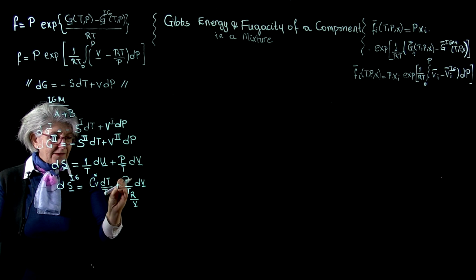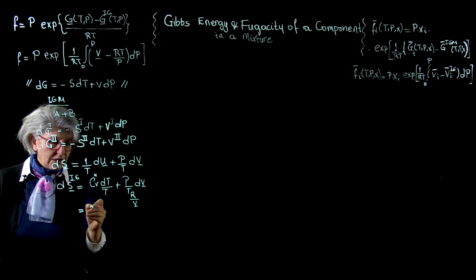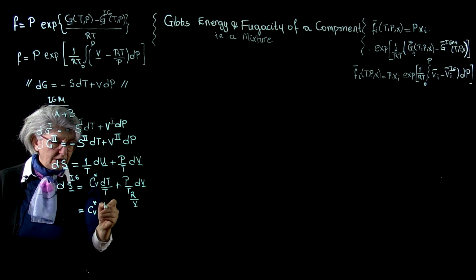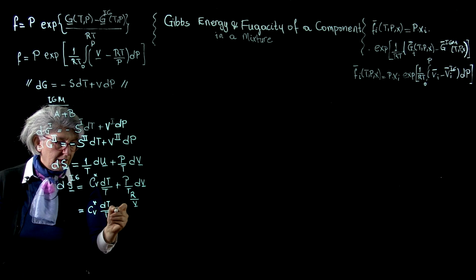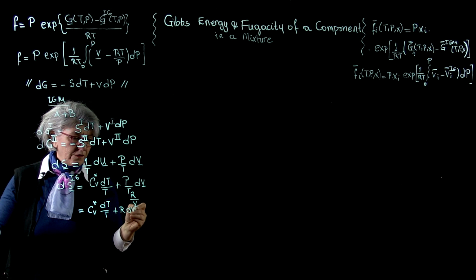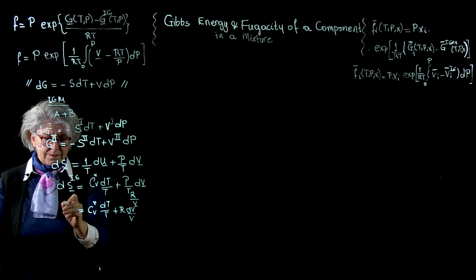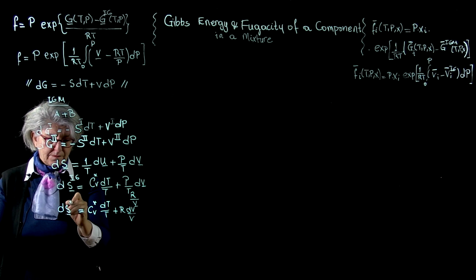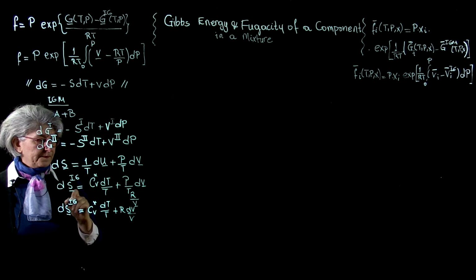So here we have two terms, Cv star dT over T plus R dV over V. All right.